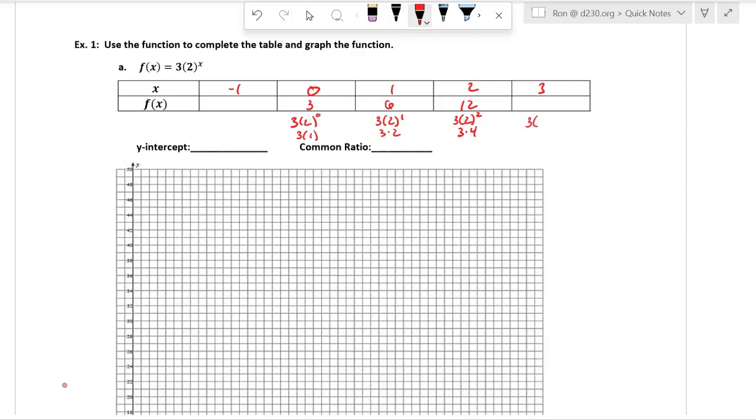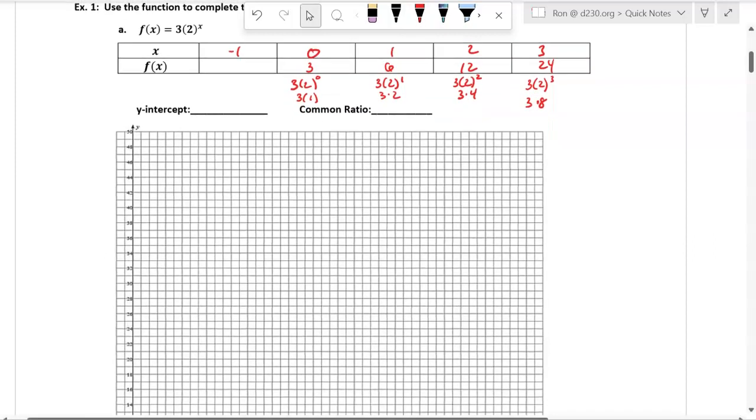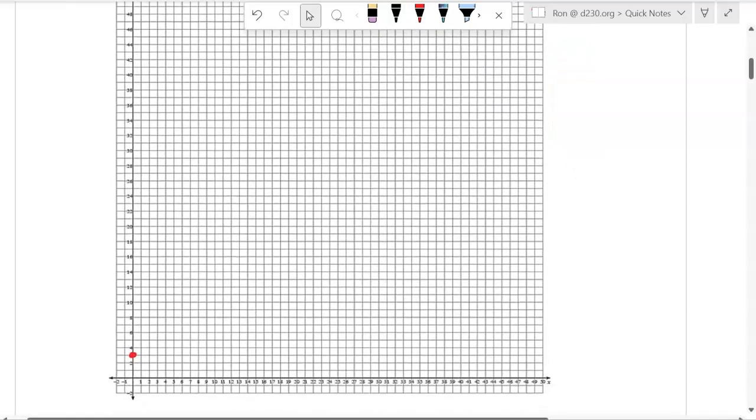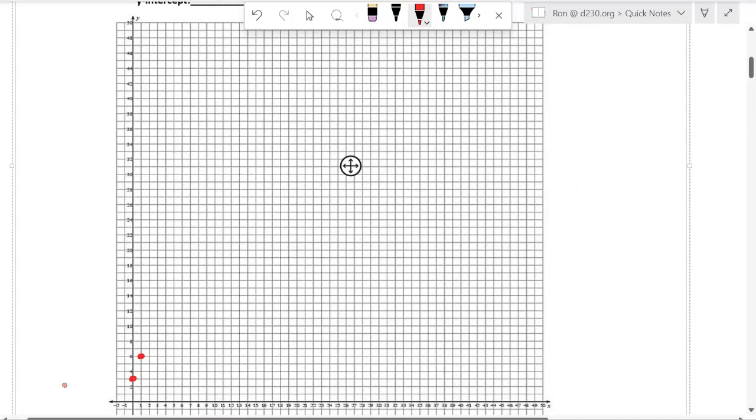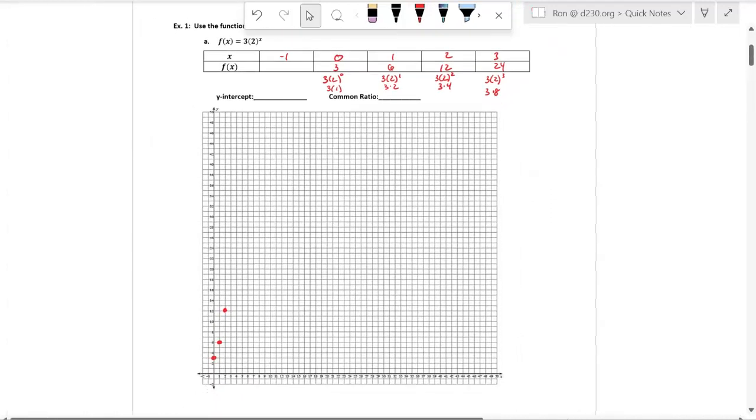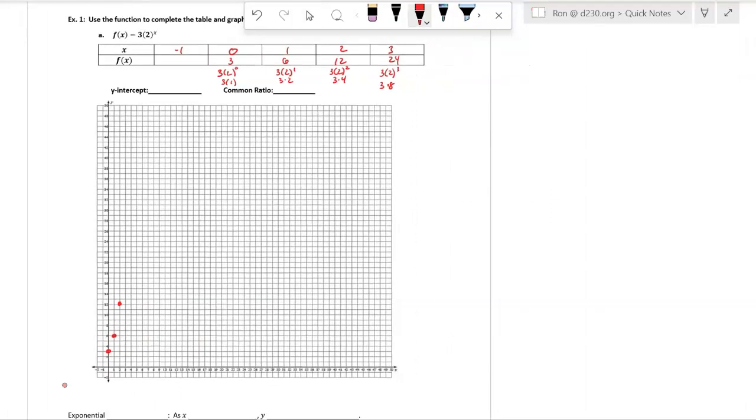And then the next one, 3 times 2 to the third, 2 to the third, remember, is 2 times 2 times 2, which is 8. 3 times 8, 24. So if I plot all of these points, 1, 6, 2, 12, and 3, 24.